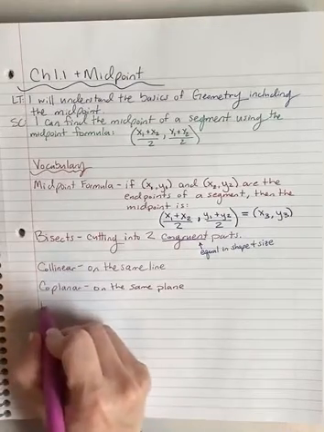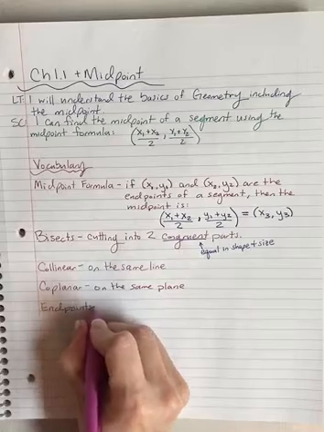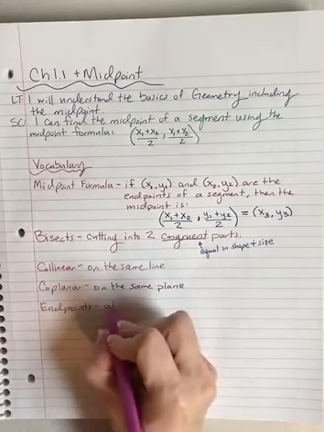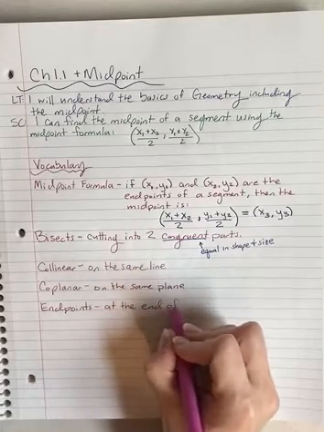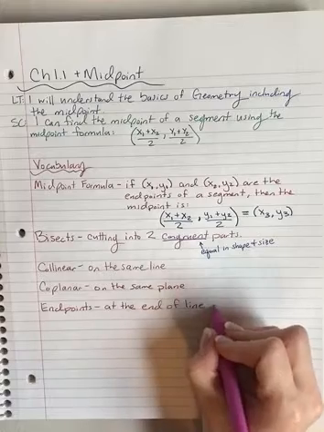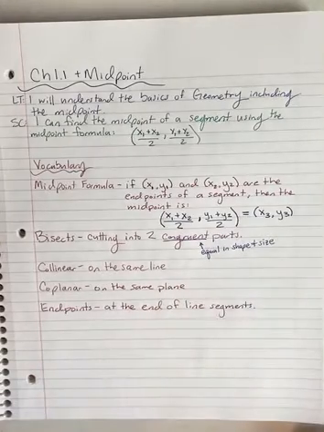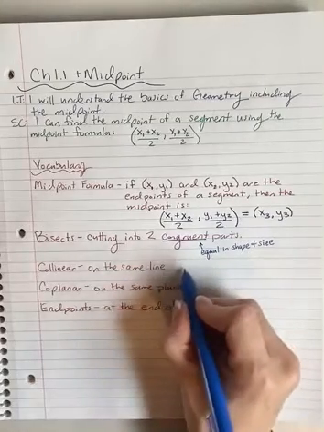Okay, the next word, endpoint. So endpoints are at the end of line segments. So let's see if I can get some examples. Let me actually do this real quick.